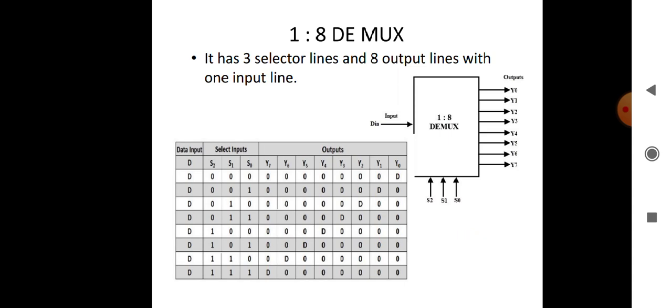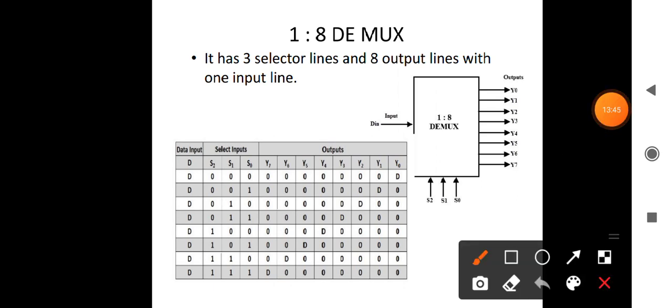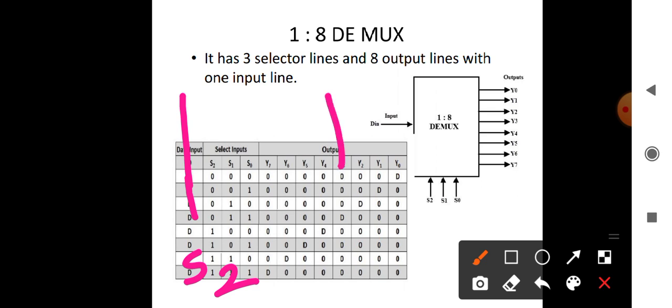So same thing, we can implement this 1:8 demultiplexer similarly as we implemented the 1:4 demultiplexer. Here we need to have the S2, S1 and S0 signals, and we need to connect a NOT gate also.